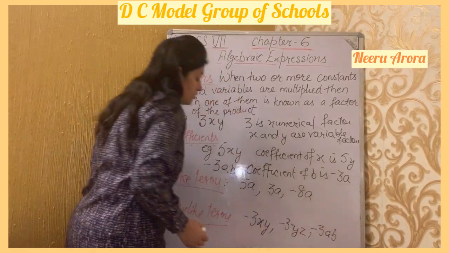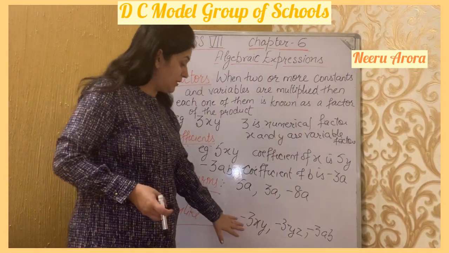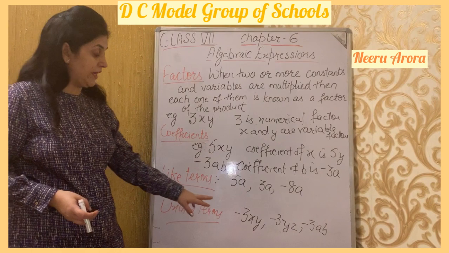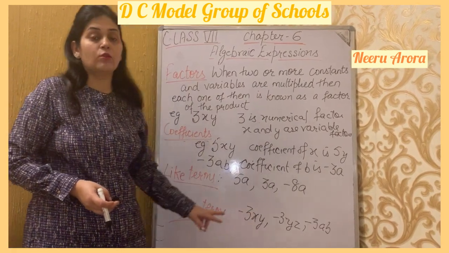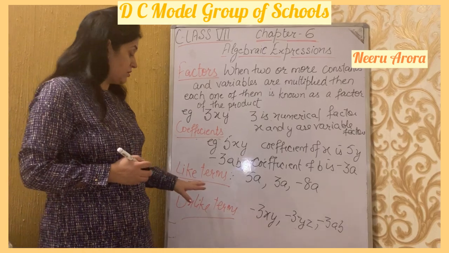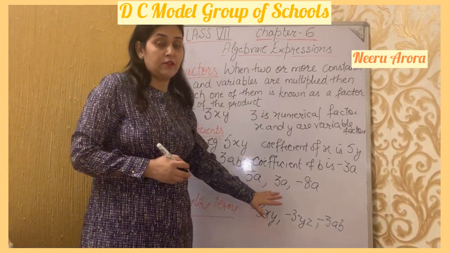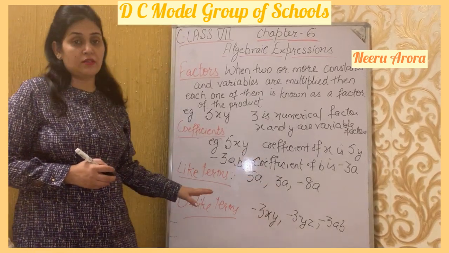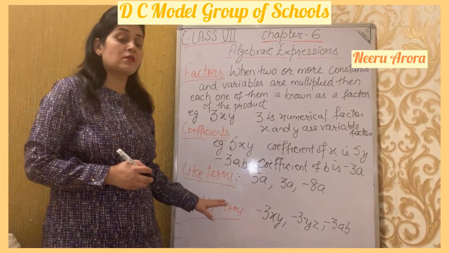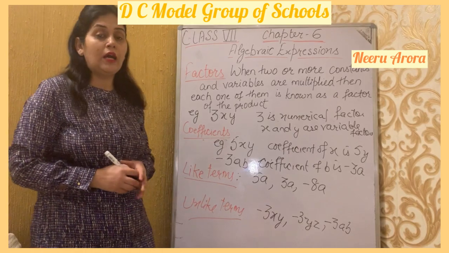So we can see here numerical factor is same in all the terms, but the variable factor is different. So these are known as unlike terms, because in algebraic expressions we see only literal factors. If the literal or variable factors are same, these terms are known as like terms. If the variable factors are not same, they are known as unlike terms.